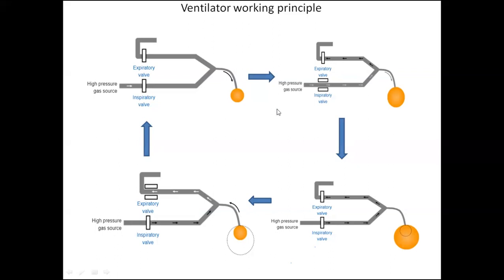Say the gas pressure in your main source is around 100 to 200 pascals, and what we need is only 20. So this valve will open just enough to allow only 20 pressure to be delivered in.